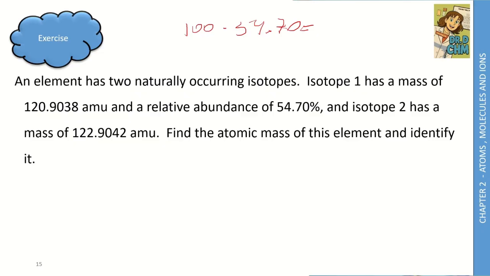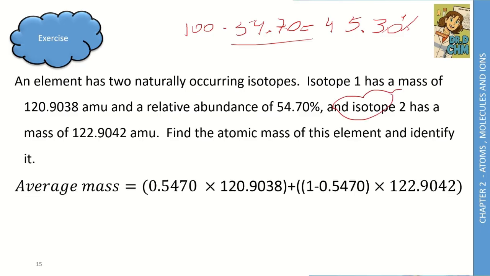So we're going to have 45.3, and that is the percentage of your second isotope.